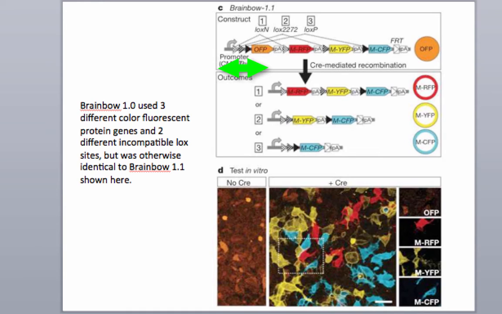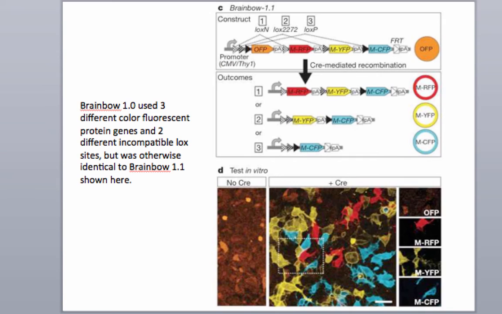So the 2 different lox sites used in Brainbow 1.0, one was the original lox site, loxP site, and then the other one is a minor variation of loxP such that it can still be recognized by Cre and used for recombination, but the canonical lox site and this variant cannot recombine with each other.